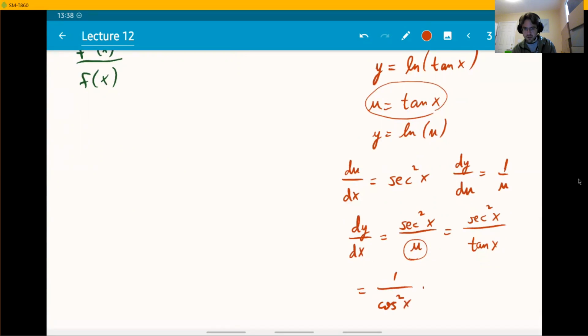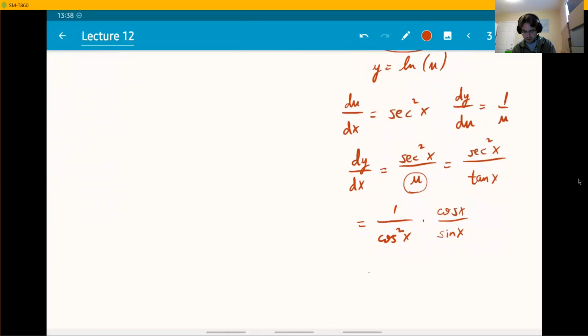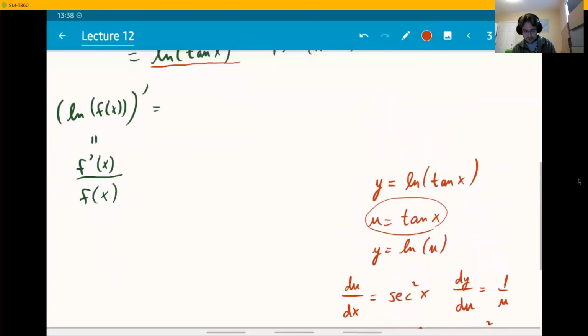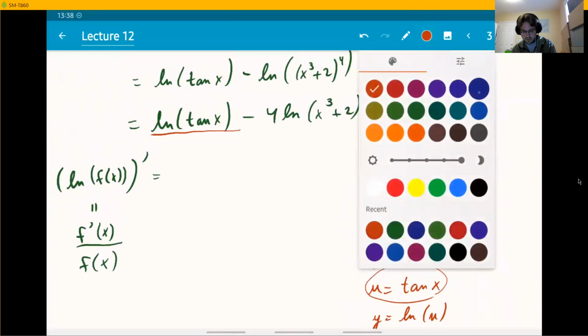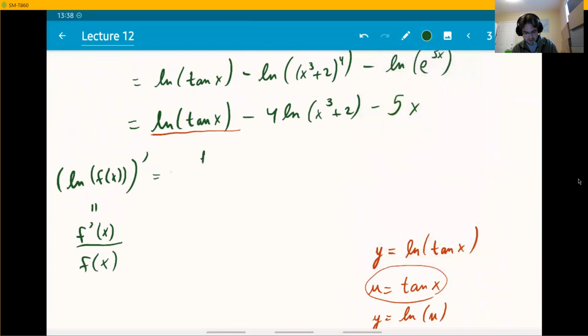Secant squared is 1 over cosine squared. Tangent is sine over cosine, but because it is in the denominator, really it becomes cosine over sine. So you see that at least the factor of cosine goes away. The final answer for this derivative is going to be 1 over sine cosine. So this whole thing was the derivative of the red term up here. One over sine cosine.